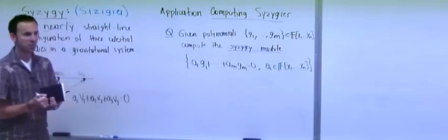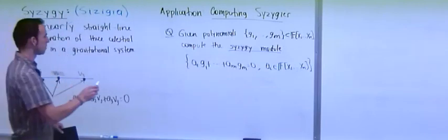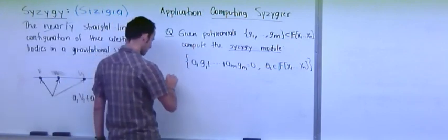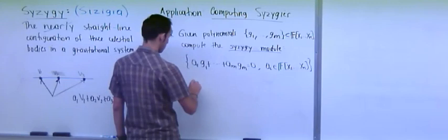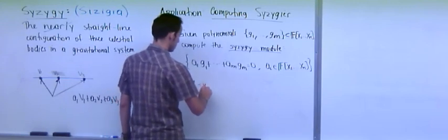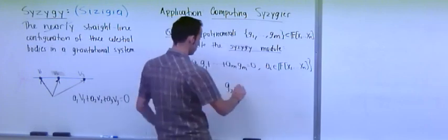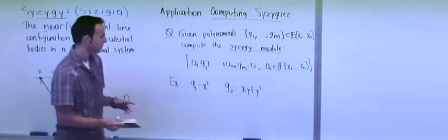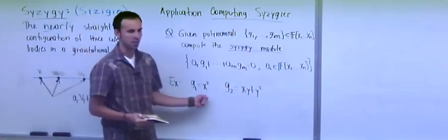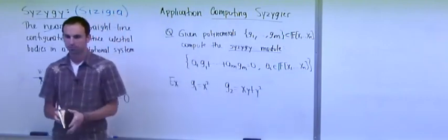And if you don't, then I will remind you in a second about modules. Okay, but so for example, we can do this for two polynomials. We can ask what are all the possible ways of writing polynomial times x squared plus polynomial times xy plus y squared equals 0. Okay.